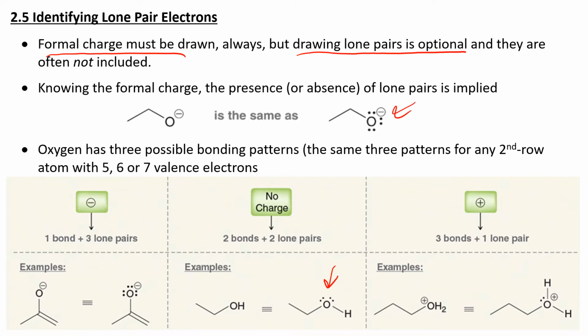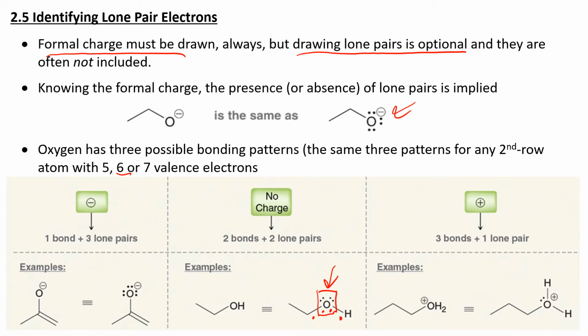So remember when we calculated formal charge, we gave 1 to oxygen and 1 to hydrogen, 1 to oxygen, 1 to the carbon. Okay, so oxygen here owns 2, 4, 6. That's how we get that, and it's neutral. Let's look at the other patterns.